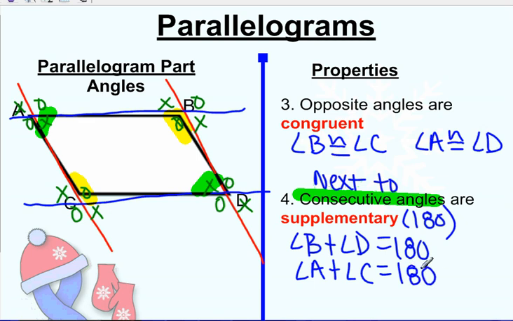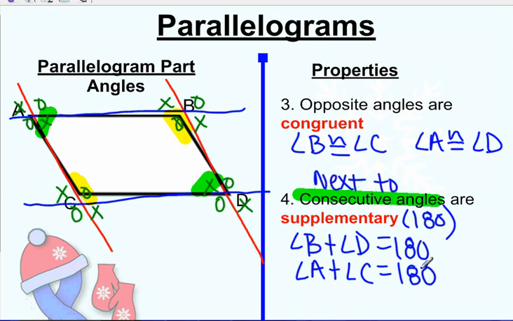And I want you guys to give me the other two pairs that would add up to be 180. I'm telling you there are two more, and I want you to make sure you have them on your notes. I'll be looking for that when I'm checking for this video.